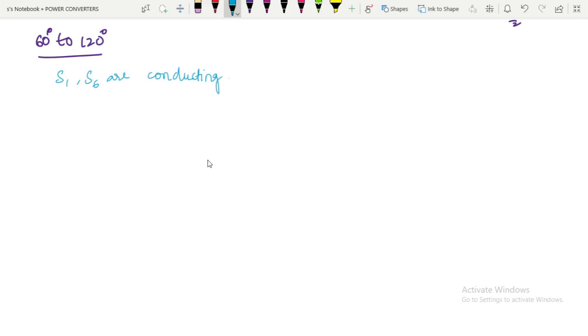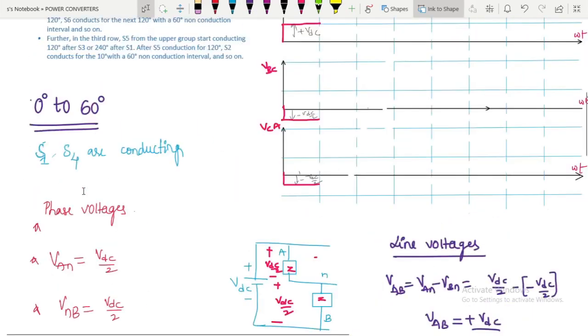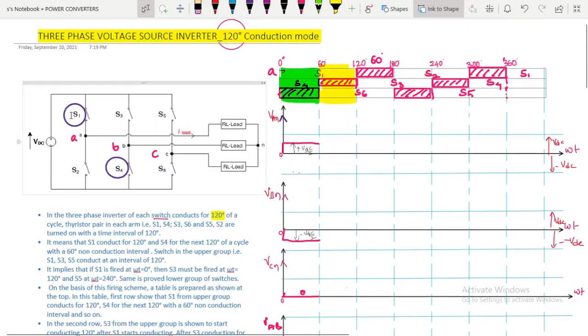S1 is from the upper group and it is connected to A phase and neutral here. S6 is from the lower group, and these are supplied with VDC supply.